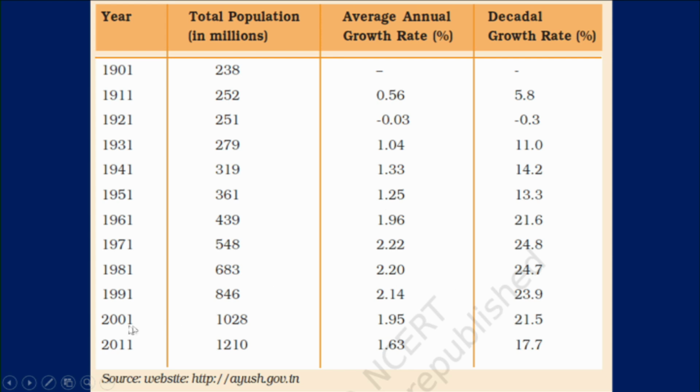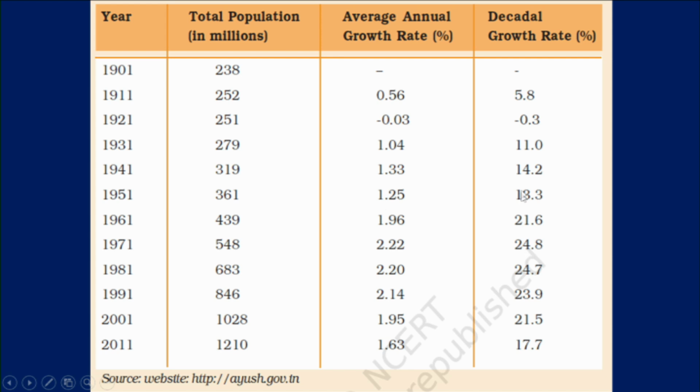The same thing when we see 2011, it is 1210 million, which is 121 crores. The growth rate compared to 2001 is 1.63 percent annual growth rate. The decadal growth rate here is 17.7.